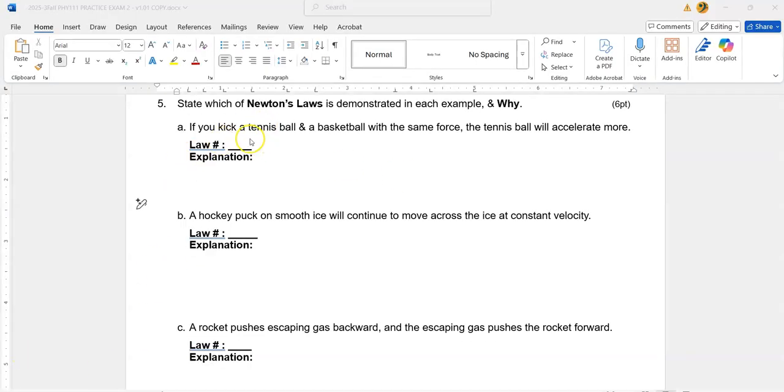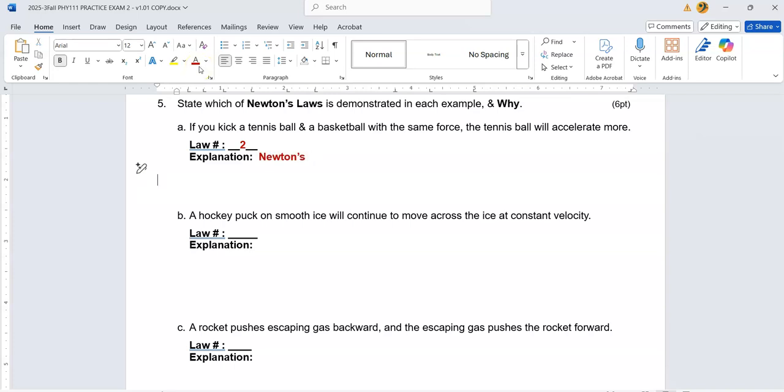So we'll fill in 2 for the number of the law. There. We'll put it in red so you can see it. And the explanation is Newton's second law. Let's get that in red so it's nice and visible.